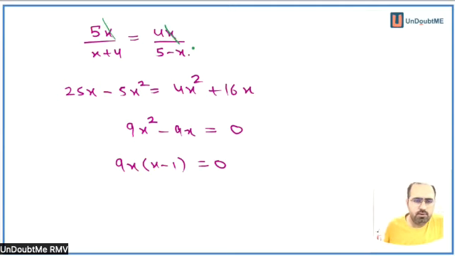What's wrong with cancelling the x's like this? Can anyone of you tell me? Sir, because if you cancel it, then you need to multiply it with 5 minus x.